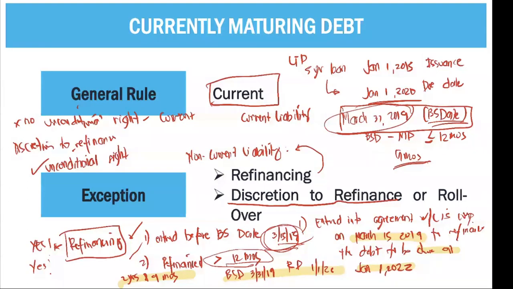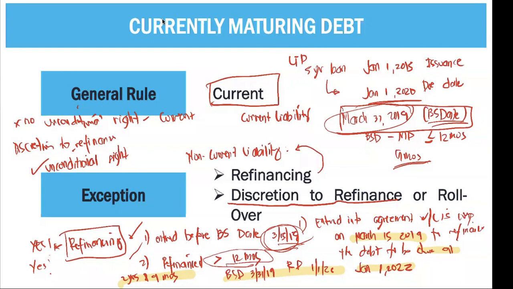Okay, so in short, you do not have anything to do with the creditor already. When we say unconditional right, it means that you do not need approval of the creditor. Because who are we here? We are the debtor. Why are we the debtor? Because we have the liability. Since we have the liability, it means we are liable to pay that obligation.